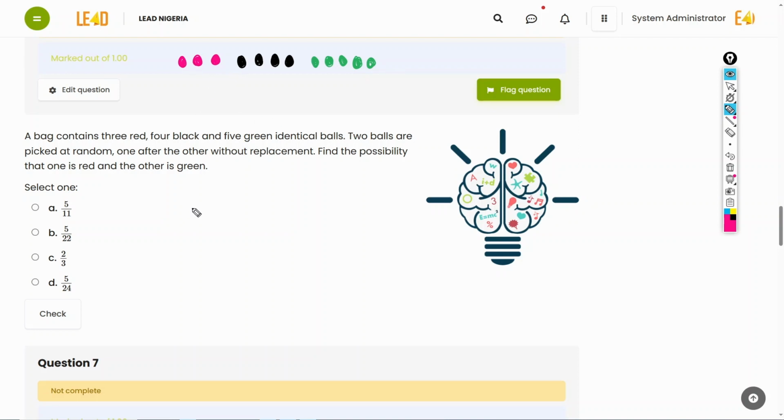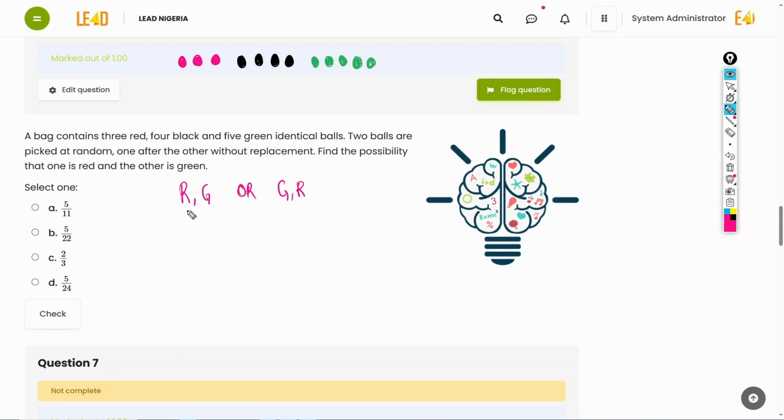So that means there are 2 ways this can happen. You could have red and then green, or you could have green and then red. The order is not fixed. They didn't say find the probability that the first is red and the second is green. No, they just said find the probability that one is red and the other is green.